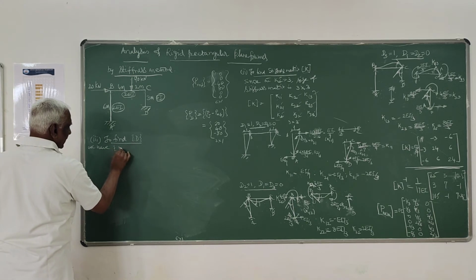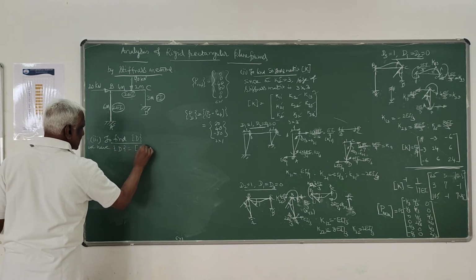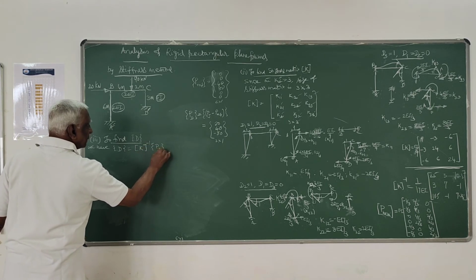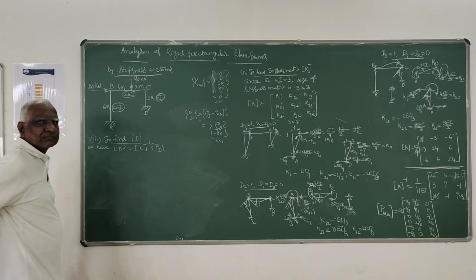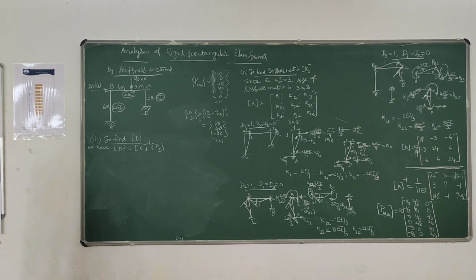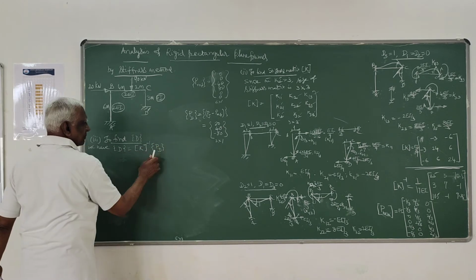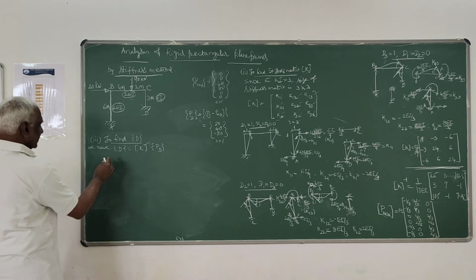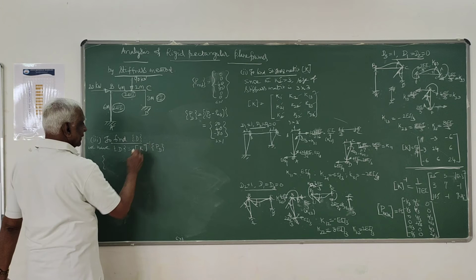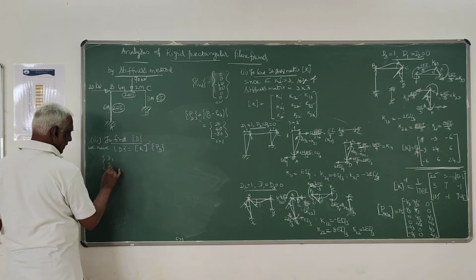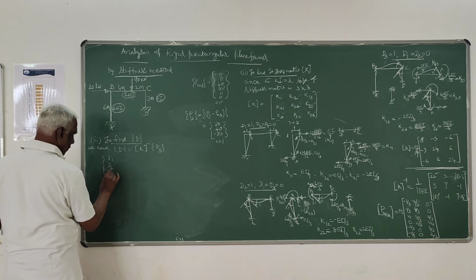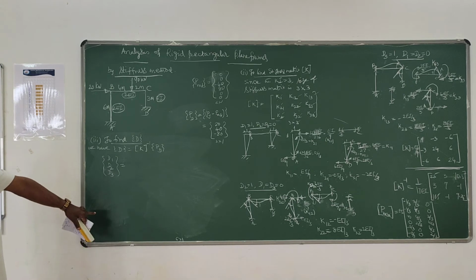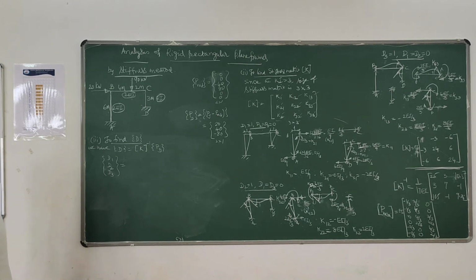We have D equals K inverse PD. PD you have generated here. K inverse you have generated. So K inverse multiplied by this PD matrix, you will get the unknowns. That's all the procedure. So D is nothing but D1, D2, D3, the displacement along coordinates 1, 2, and 3, because D is a 3 by 1 matrix which we have generated in the first step.